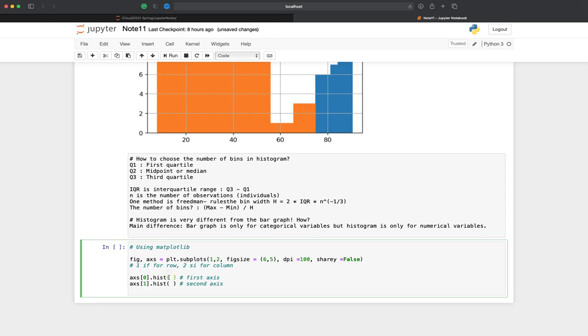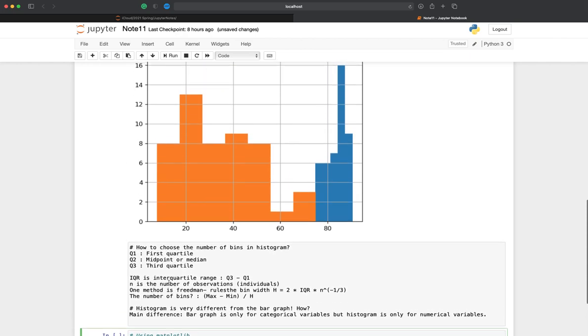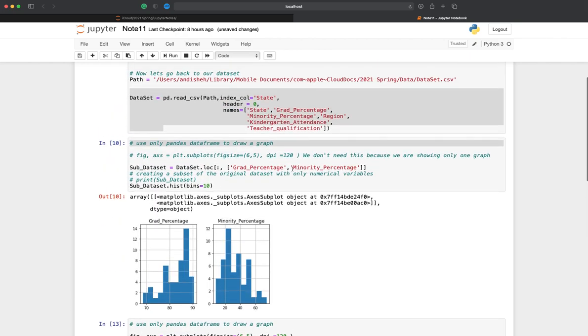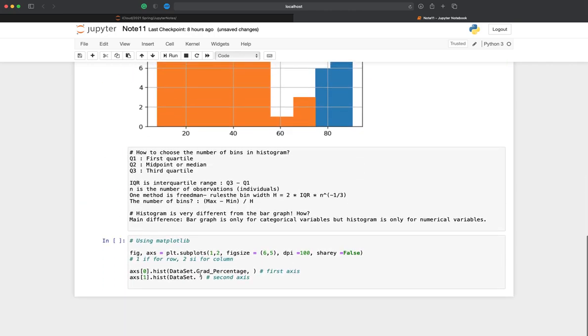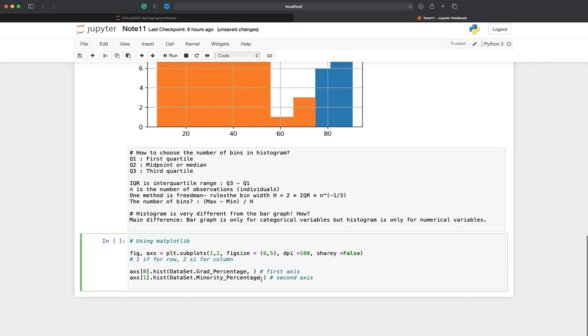Okay, what I'm doing here, I am using my original data set and I'm going to get the graduate percentage. Don't copy paste, that's not good. And then it's funny, I'm that kind of person. I said don't do this, that's not good, and I'm doing it myself.